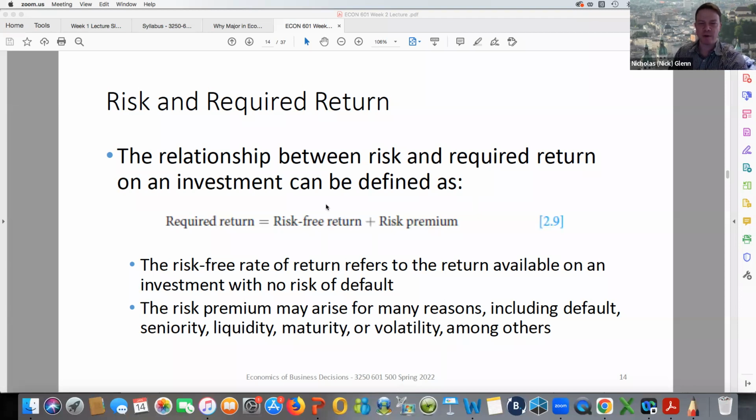That's the risk-free return. But as you go down, these stocks keep getting more and more risky, and so they have to add what's called a risk premium. You have these different things that add to this risk. You need a return that's higher than that for you to take on this risk.